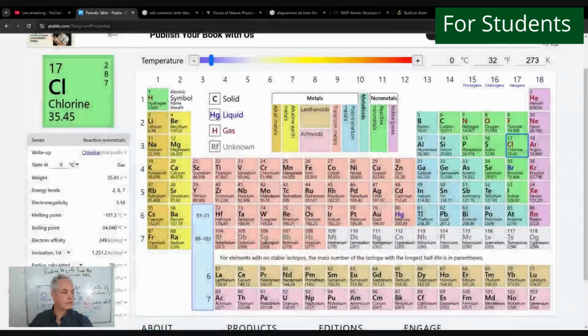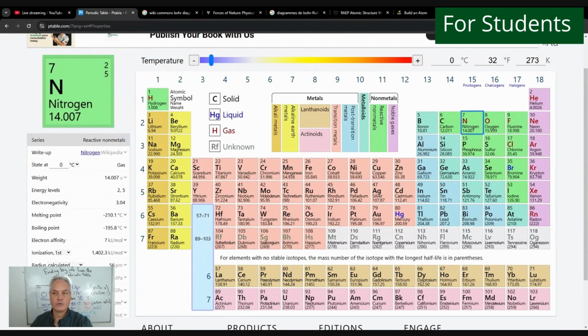So if I go to the periodic table and take, for example, nitrogen, nitrogen has an atomic mass of 14.007. So most of the atoms of nitrogen have close to 7 neutrons.